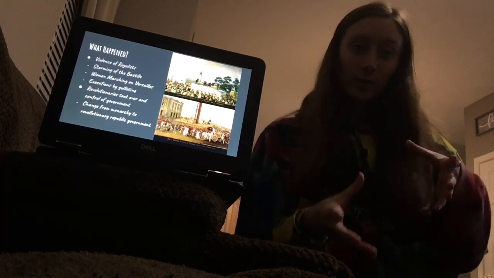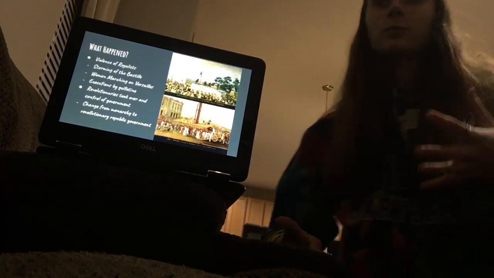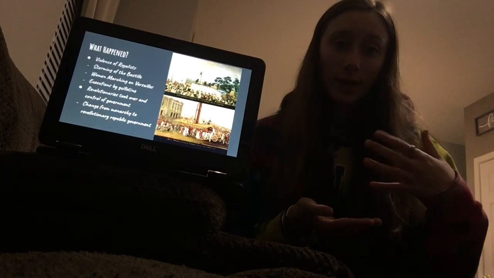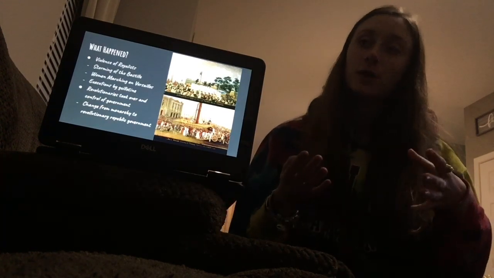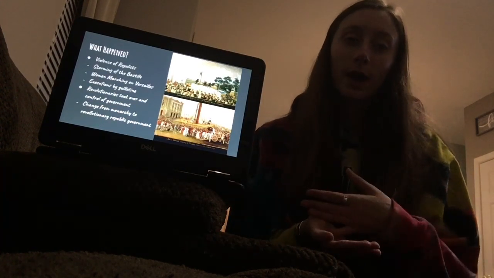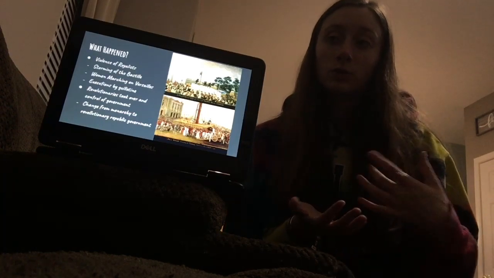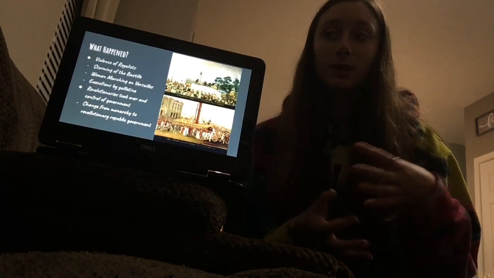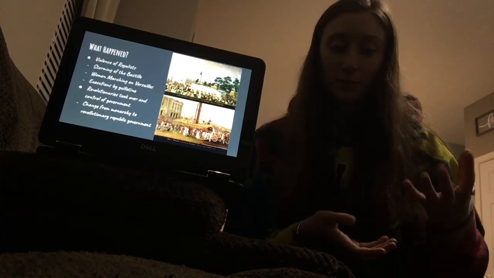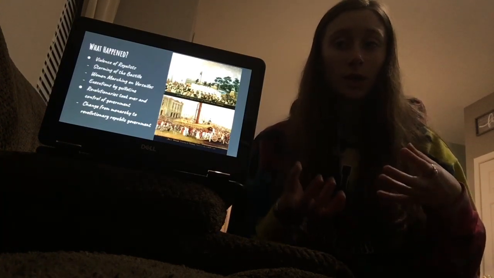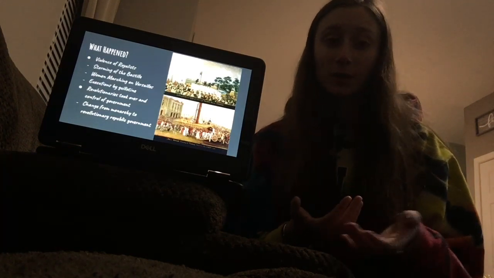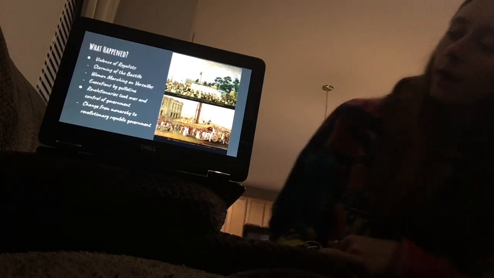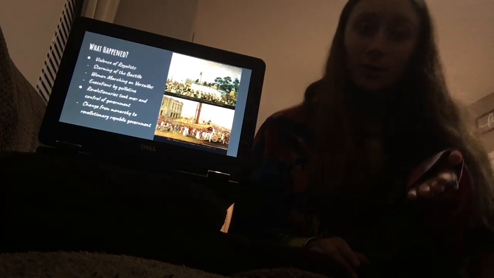Versailles is the area in France where the king and queen lived. That's where their palace was. Women marched to the palace and demanded to see the king so they could get fair prices on bread, because it was so expensive and the commoners paid too many taxes to afford it.